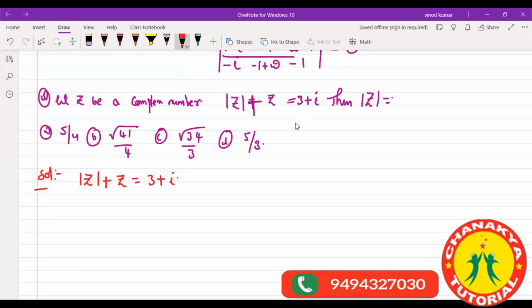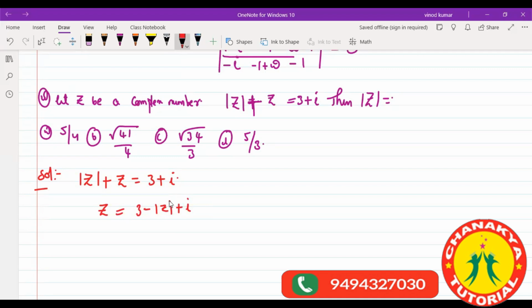Then mod z plus z equals 3 plus i, so z equals 3 minus mod z plus i.